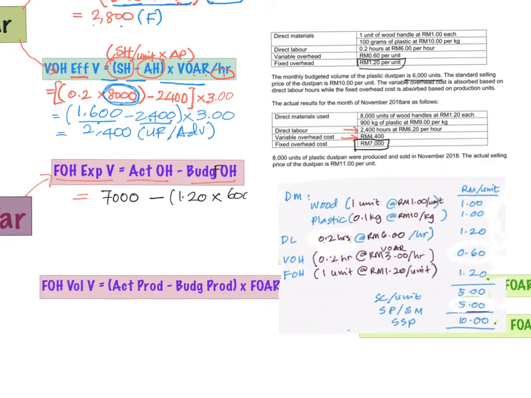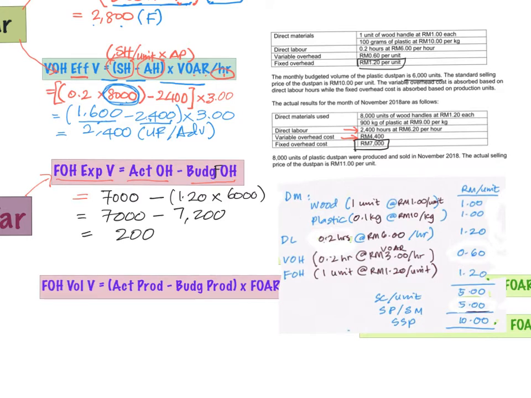So you times it with 6,000. Some questions just give you the amount of budgeted fixed overhead, but for this question it requires you to calculate the amount first. So from here we are going to get 7,000 here minus 7,200 here. Okay, so as you can see, we are going to have a difference of 200.